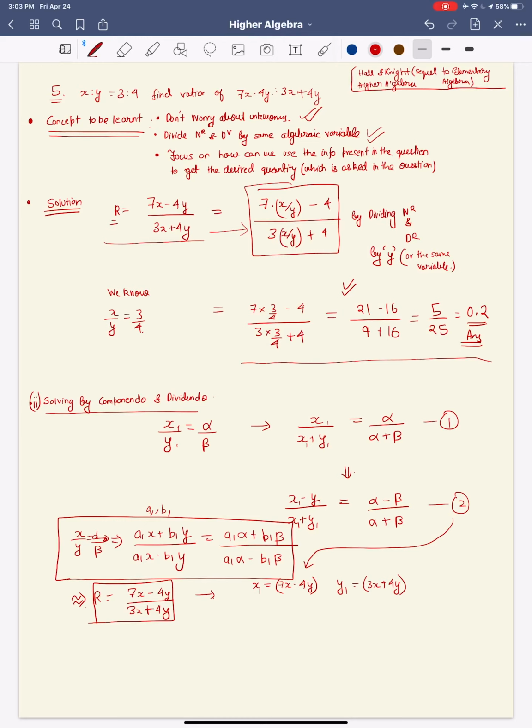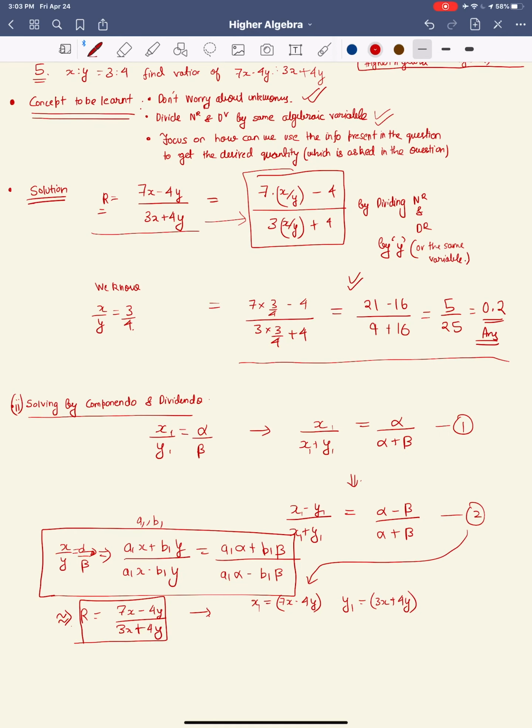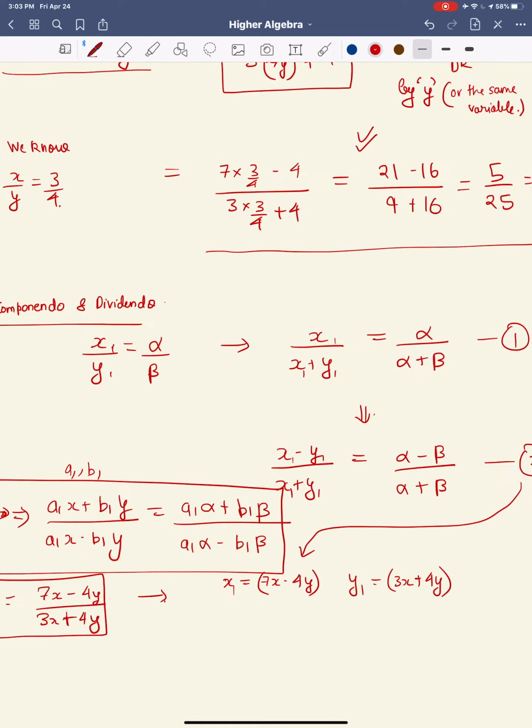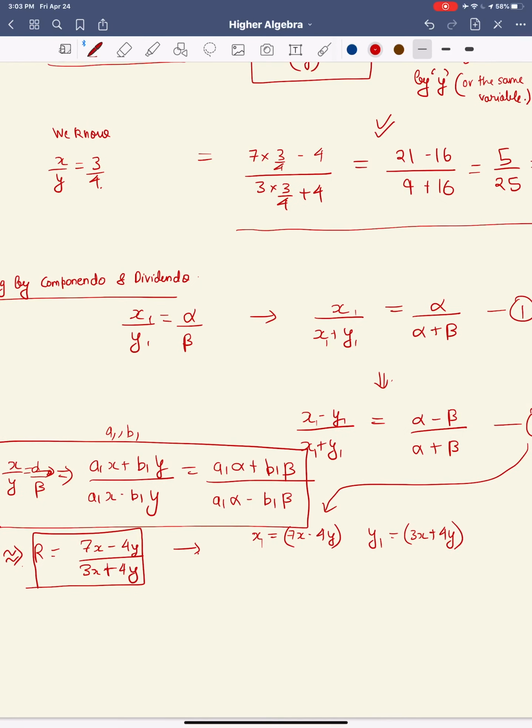So if we apply the equation in part 2, we get to see that it becomes x1 minus y1 over x1 plus y1 equals 7x minus 4y minus 3x plus 4y, and remember that this is r over 1 here, right?